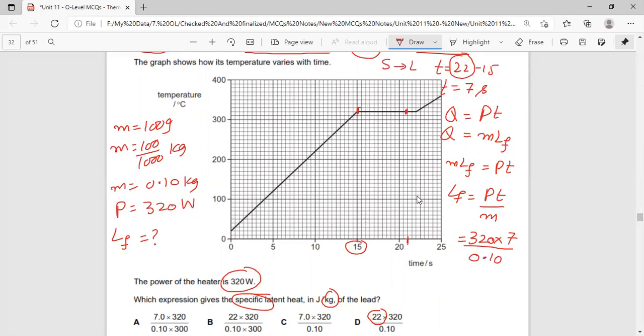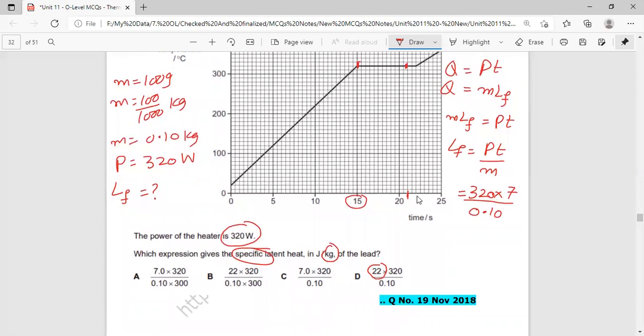So which option is now correct? It's option C. So again, never ever consider the time as 22 seconds, otherwise you will select option D and that will be the wrong option.